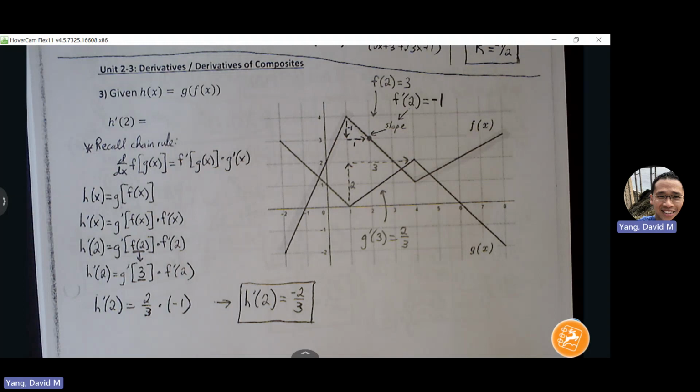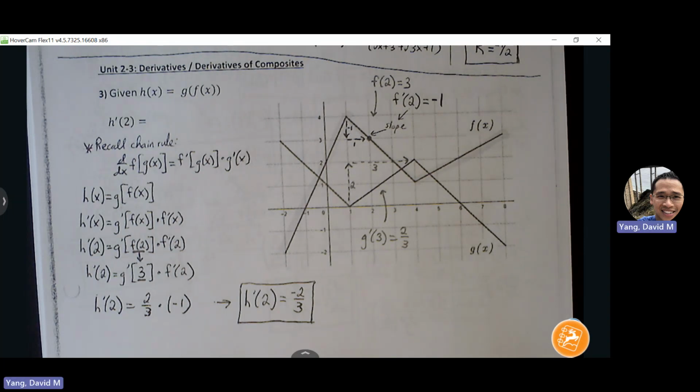So f of 2 is the ordered pair. So f of 2 is 3. Replace f of 2 with 3, and then take a step back and say, okay, what's left over? It's asking for g prime of 3 and f prime of 2.